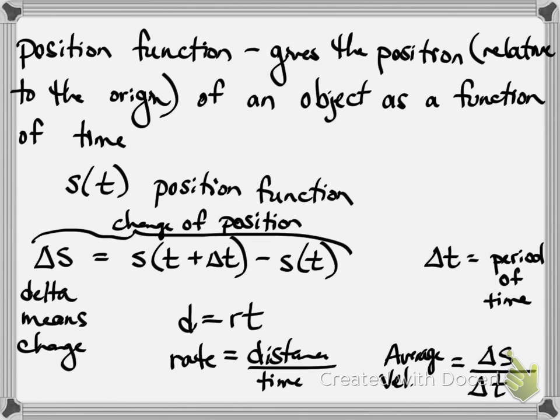Distance would be a marker of position. If our distance changed, we changed our position. So this is the little formula for average velocity. And that brings us to example 9. Change in position over change in time. Change in distance over change in time.